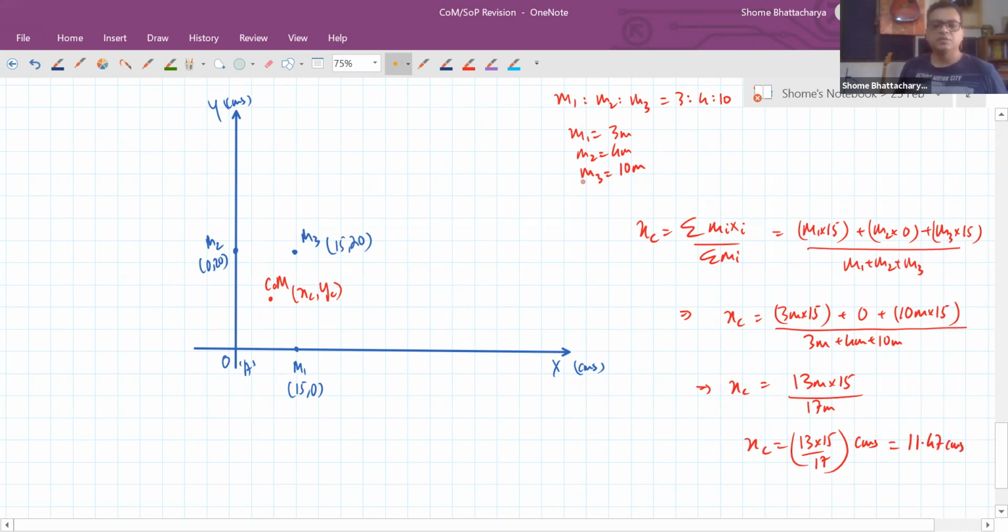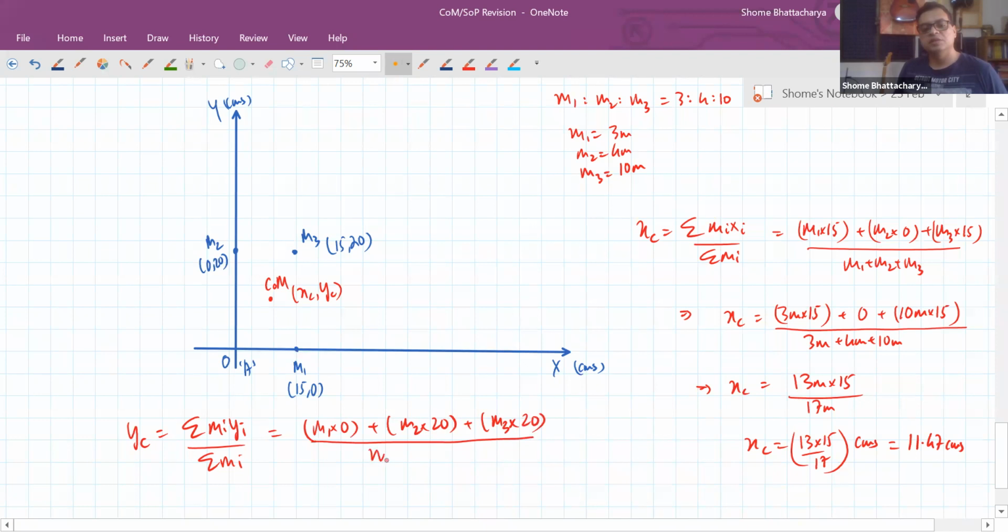Okay. And similarly, we'll find the y coordinate as summation m into y divided by the total mass. So that will become m1 y1 plus m2 y2 plus m3 y3 divided by summation m.